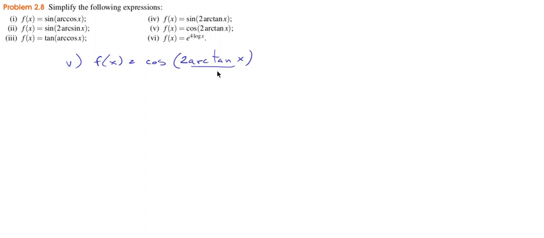Again, this is z. There are many ways to do it, but I'm thinking about it now. If you have this function, let's call it g now, the sine of 2 arctangent of x, we have just said this is 2x over 1 plus x squared.